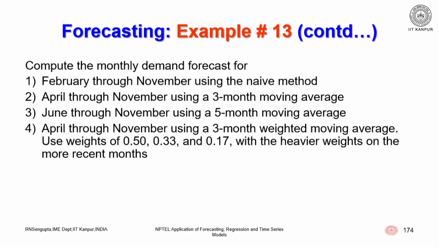Fourth, April to November using the 3-month moving average with weights of 0.5, 0.33, 0.17, with the heavier weights on more recent months. This is the moving average concept where we give weights, and the nearer the value is to the point of forecasting, the more weight it is given, and logically so.